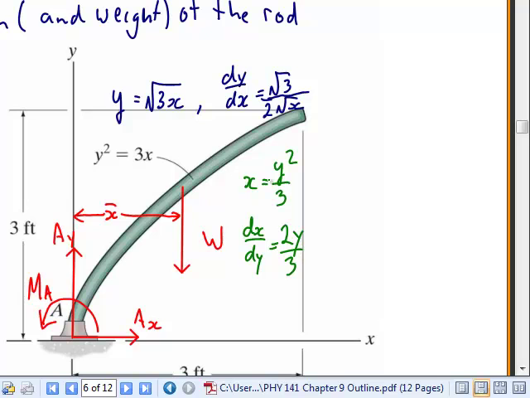Okay, so then our dL equals the integral of the square root of 1 plus (dx/dy) squared, so that'd be 2y over 3 squared, or 4y squared over 9, dy.